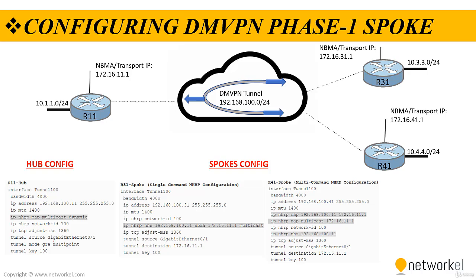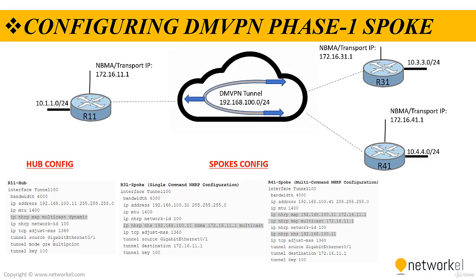Let's talk about the spoke configuration now. The configuration, guys, on the spokes is similar to the configuration for a hub, except one, it does not use a multipoint GRE tunnel. Instead, the tunnel destination is specified. That is the first difference.